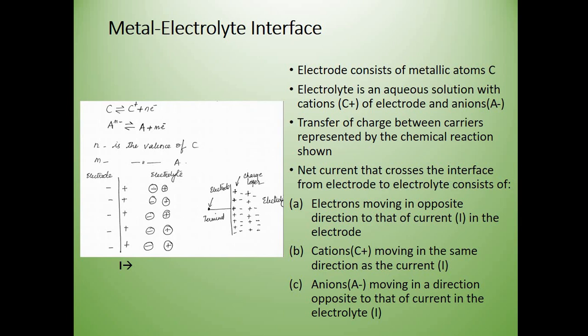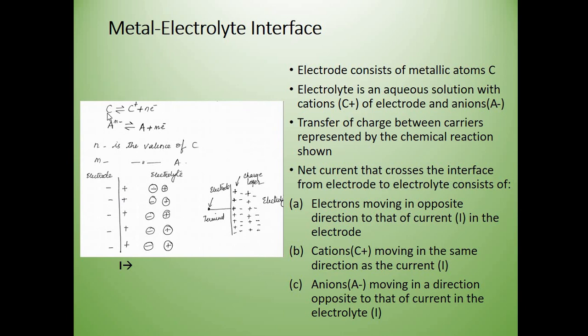Now, let us assume that the electrode consists of metallic atoms C. The electrolyte is an aqueous solution with cations of C+ and anions of the aqueous solution. Now, transfer of charge between carriers represented by the chemical reaction is as shown in this clip.